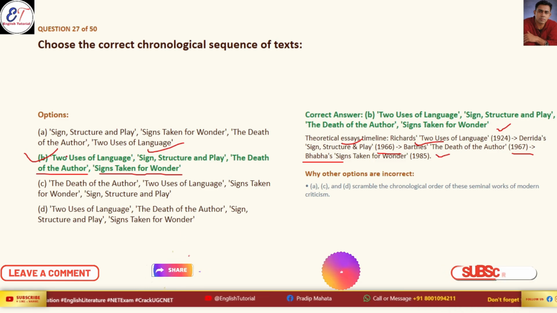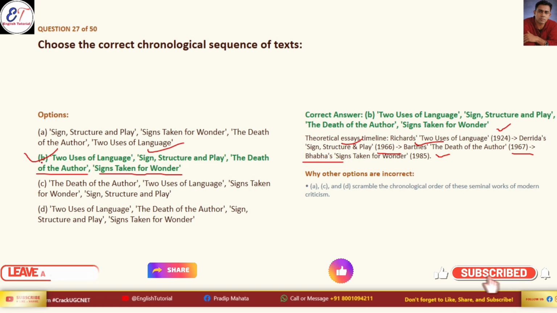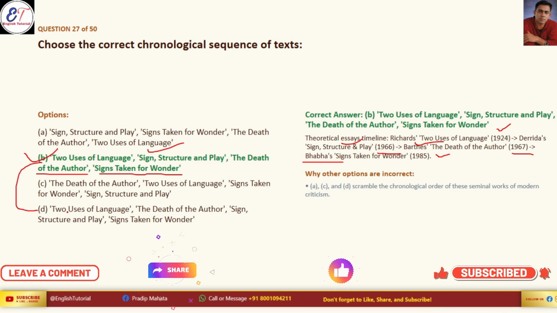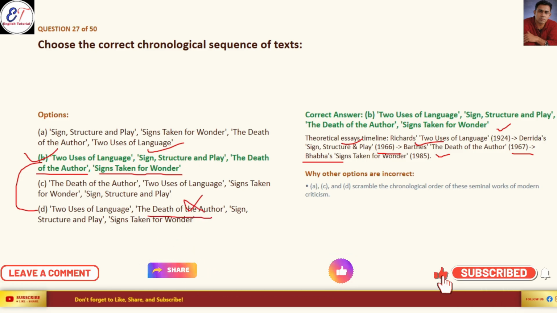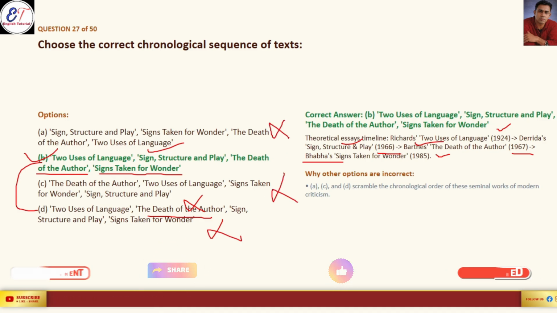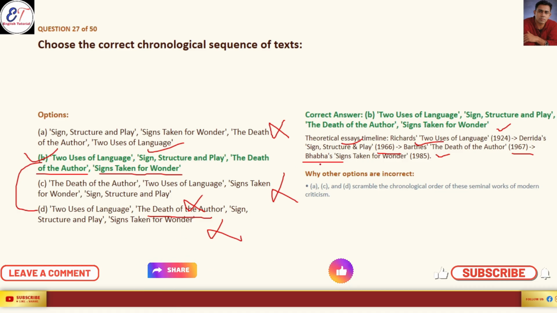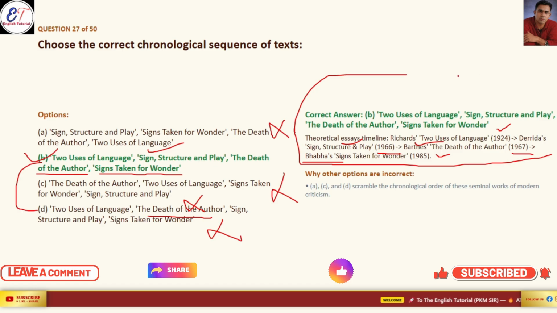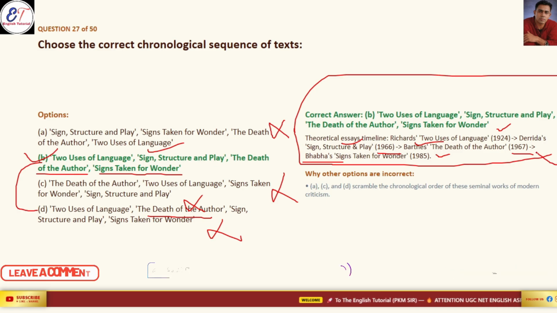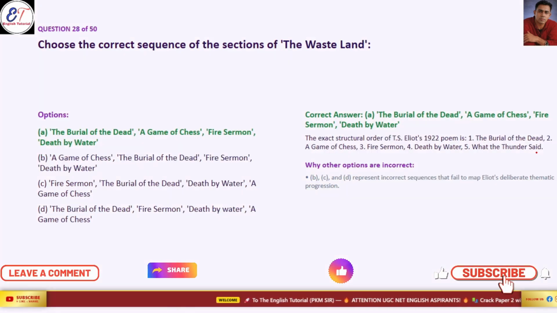So let's see the other options. C and D are confusing because the first one is correct, but the second is incorrect. So this one is wrong, this one is obviously wrong, this one is wrong. I hope you can understand, and just remember the sequence of the correct answer, as this might occur in your next exam also.